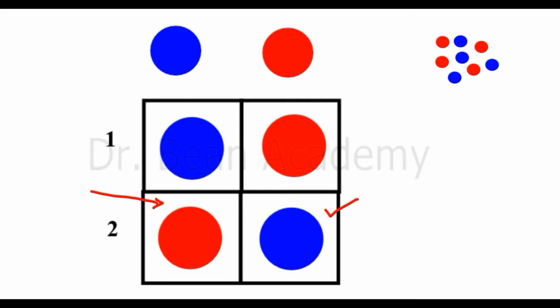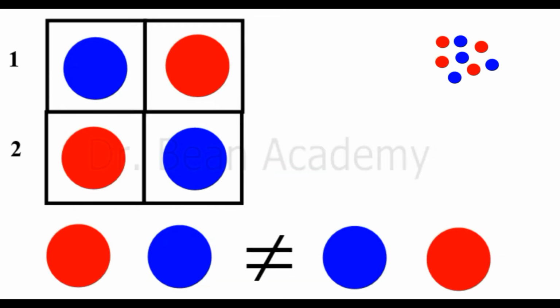No other configuration is possible. If you think you can, let me know. You must observe one thing here, that in such an arrangement, order matters. It means the first arrangement is different from the second arrangement just because the relative positions of the balls are different.